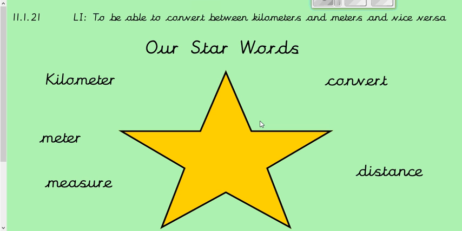So we're converting a number in kilometers into a number in meters, and they're the same thing. You're just changing something to something else. We'll go through that in more depth in a minute. The other words are quite straightforward. Kilometer and meter are just forms of measurement.